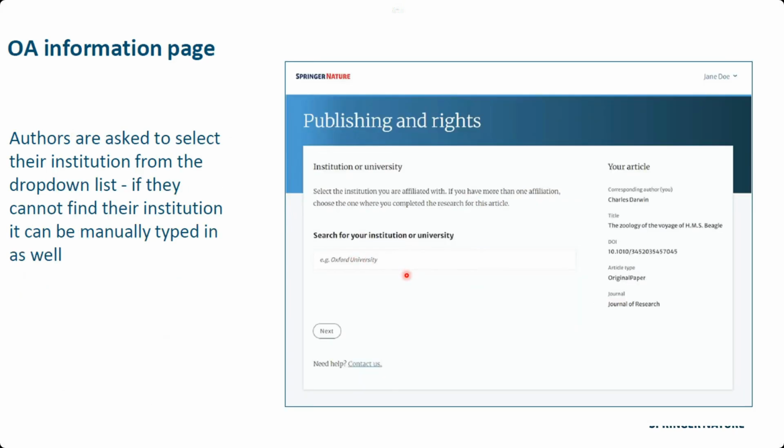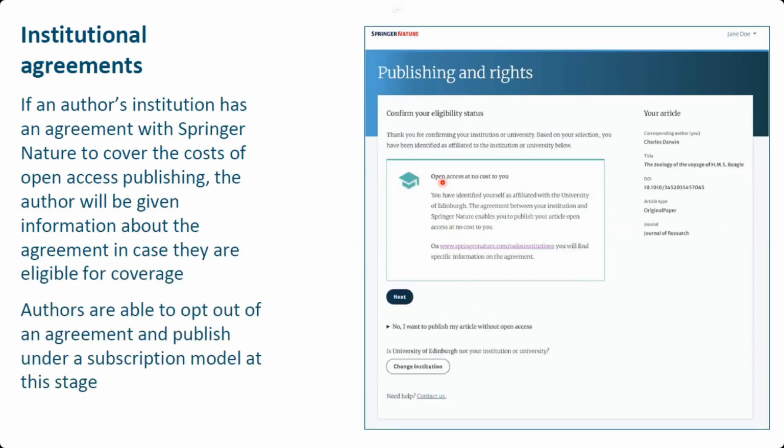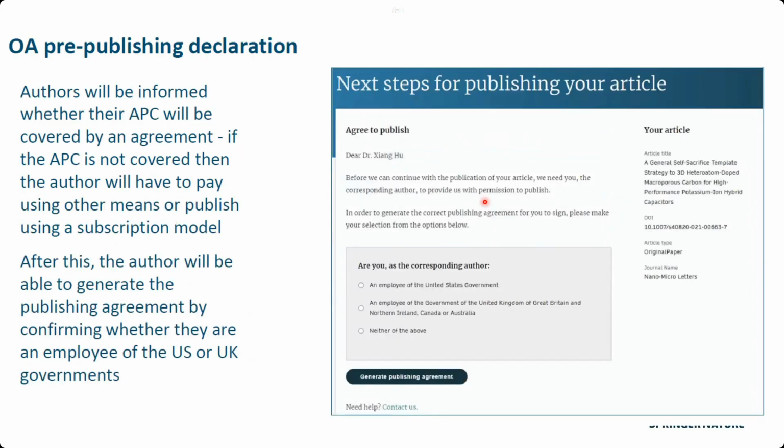So select UMT as your affiliation. And then it will tell you that, okay, because you selected UMT, there is no open access fee for your paper. After that, they will ask you to please agree to let Springer Nature publish you, representing UMT as a corresponding author.